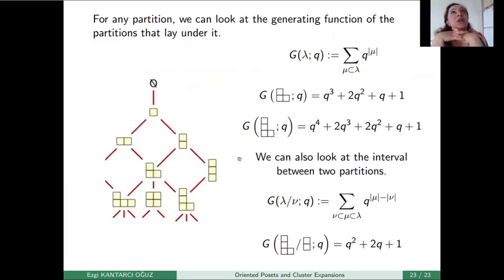Well, yes and no. The first idea was to look at the type B, type C and type D versions of these objects in the cluster algebra, in the representation sense, because that's what I used to do.